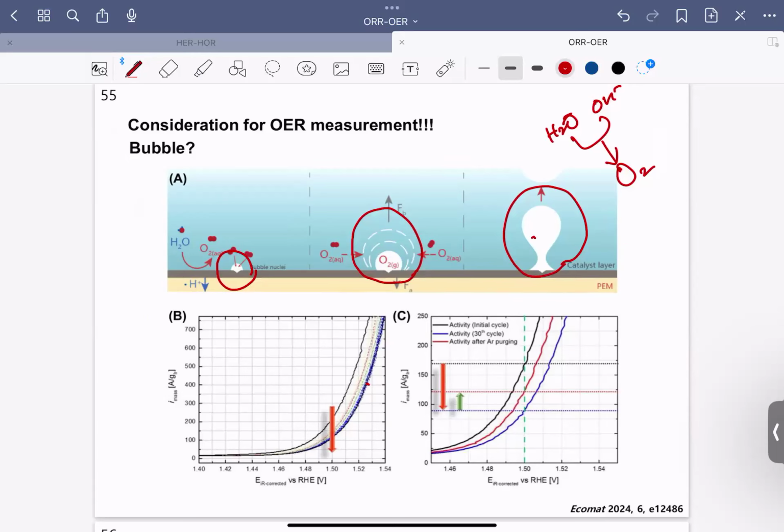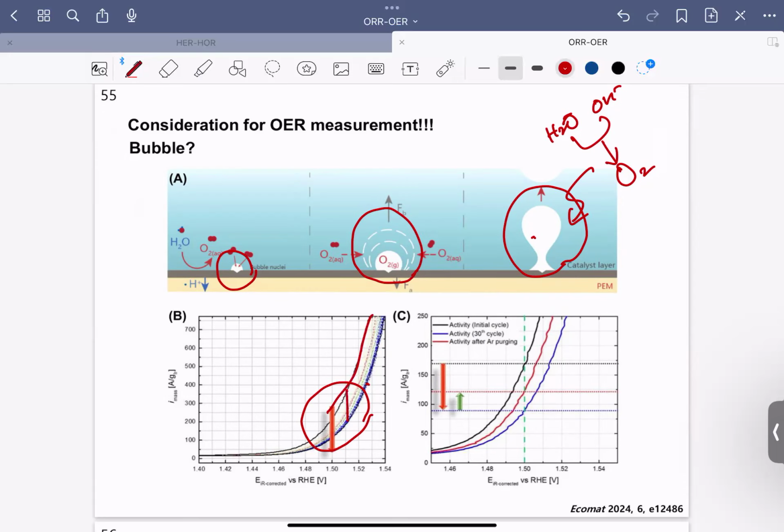So you have to do very careful analysis when you discuss OER or HER. In other words, in a gas bubble production reaction, the bubble also affects the overall activity, and it also looks like a stability trend, right? So this is really interesting data, right? At the very beginning, it is a really good activity.